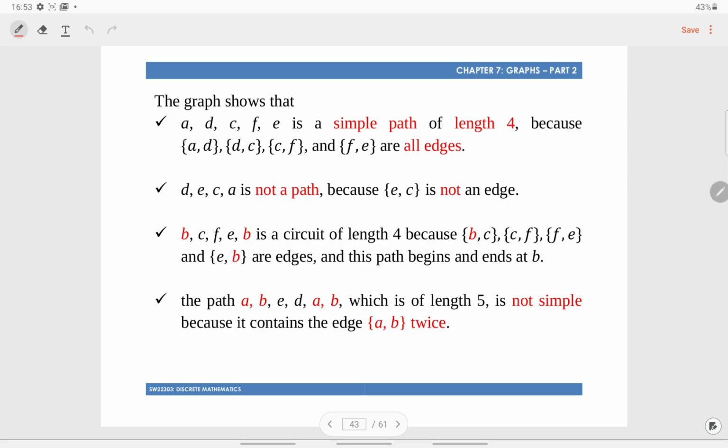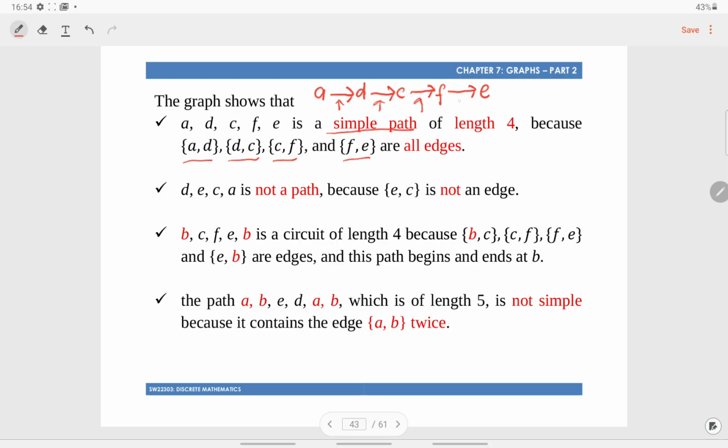The graph shows that A, D, C, F, E is a simple path of length 4, because we have A to D, D to C, C to F, and F to E. The path moves from A to D, then from D to C, from C to F, and from F to E. So that is the path from A to E, and all edges are different.